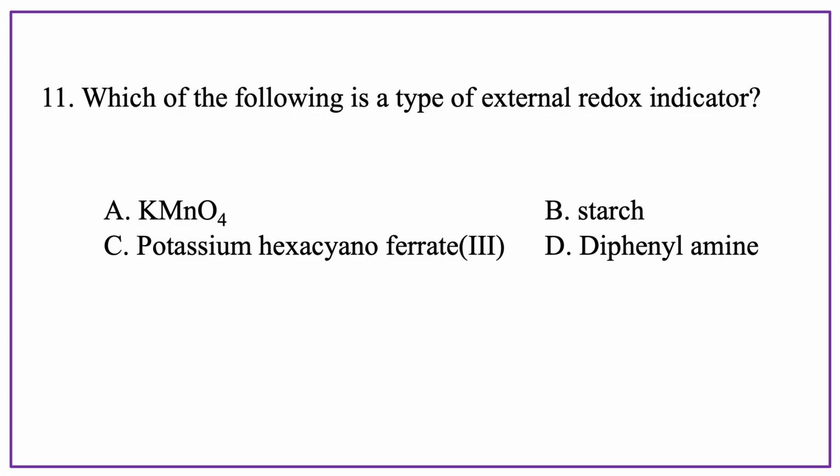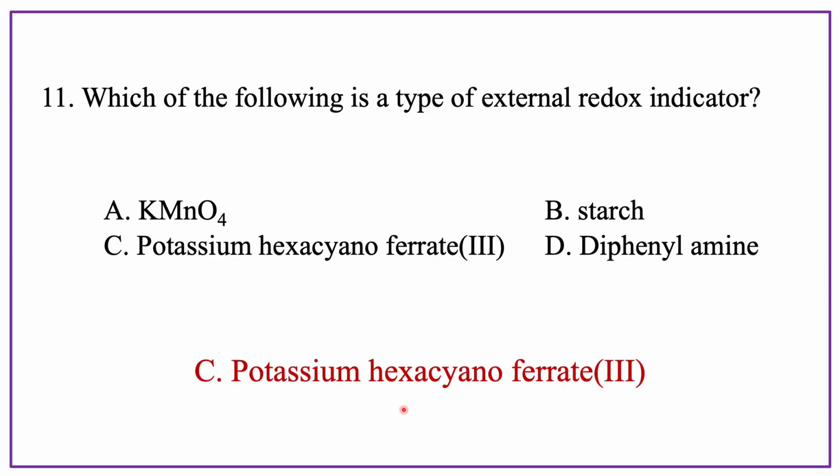KMnO4 acts as a self indicator. The internal redox indicators include 1,10-phenanthroline, diphenylamine, or starch. And the external redox indicators are potassium hexacyanoferrate or potassium ferricyanide. So the correct option is potassium hexacyanoferrate.